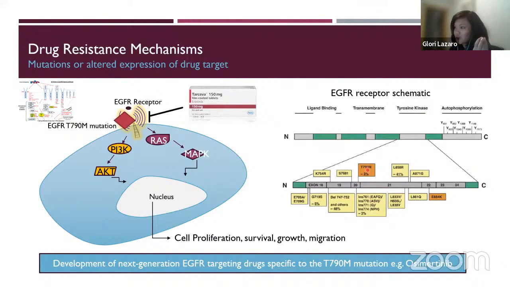So, I was just talking about one, the T790M, but there are other mutations involved in drug resistance. And so now I think in the last 10 years alone, research has led to the development of second gen and third gen drugs. So one of them is osimertinib that specifically targets that mutation.